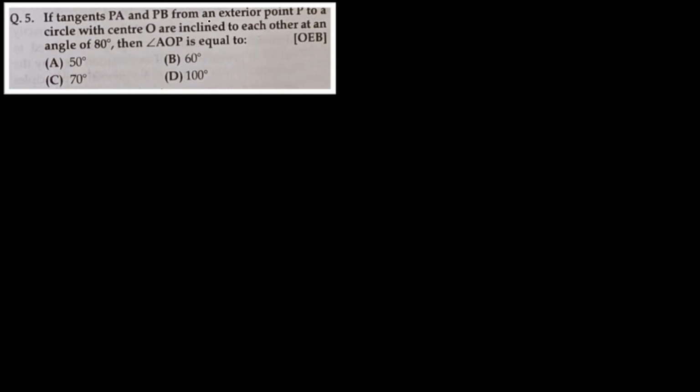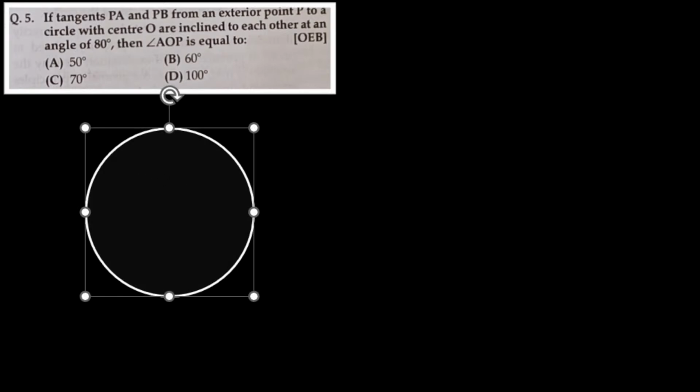If tangents PA and PB from an exterior point P to a circle, so two tangents, same type of question. Yes, two tangents are there, PA and PB.